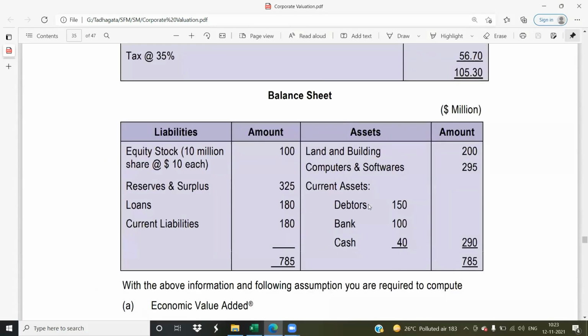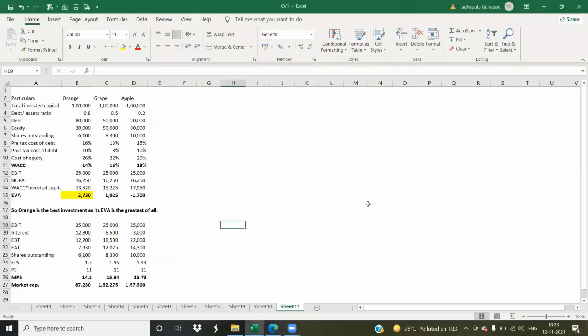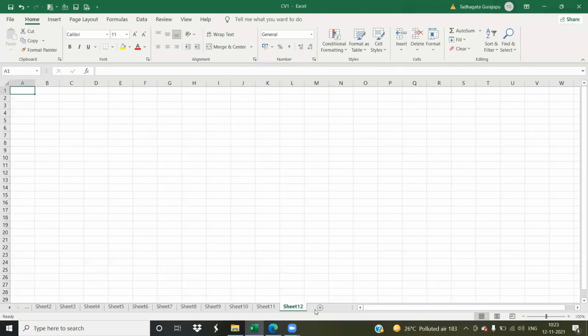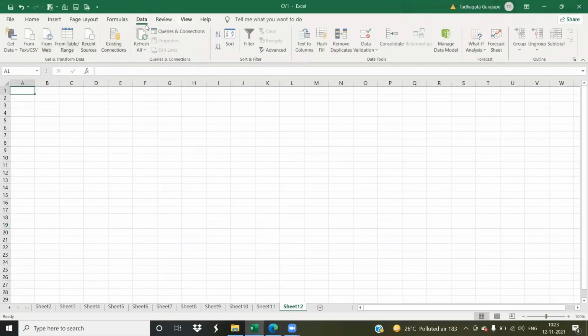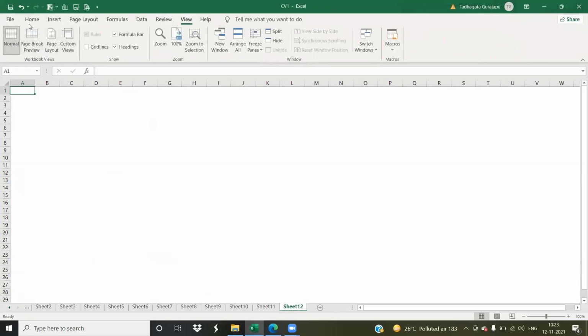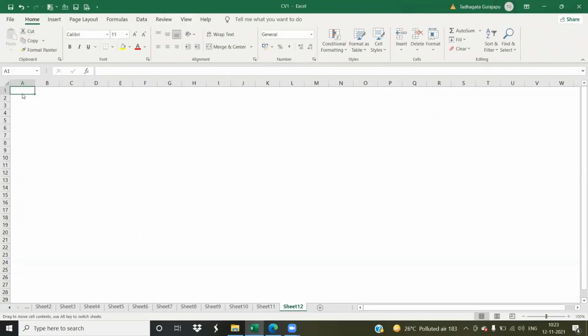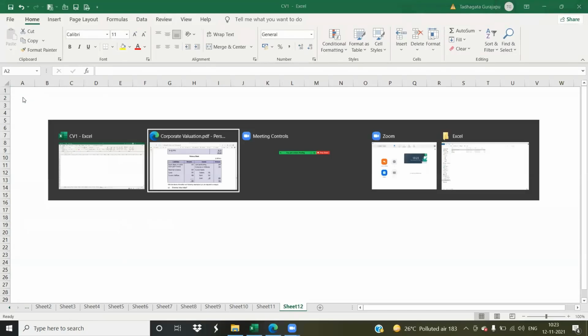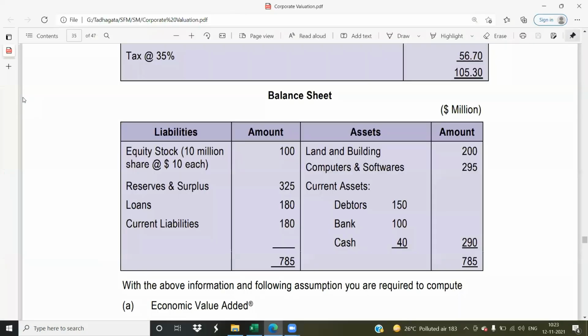What is book value? 100 million plus 325 million is your book value. That is equity plus reserves and surplus, right? So now let's put this on Excel.